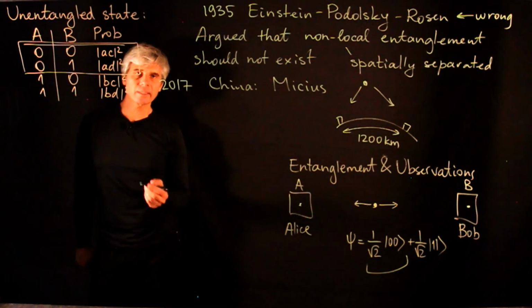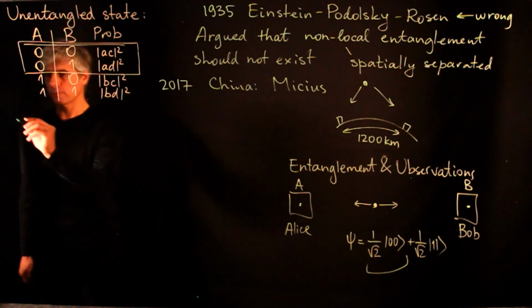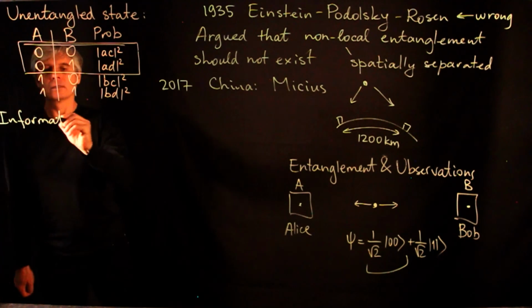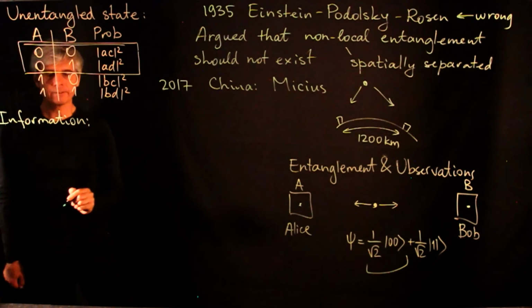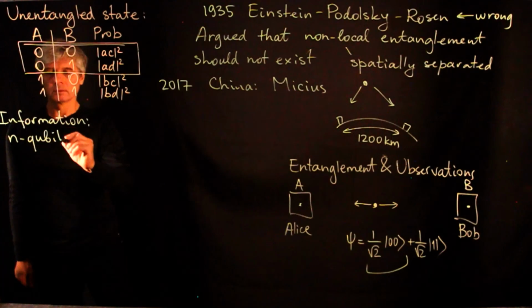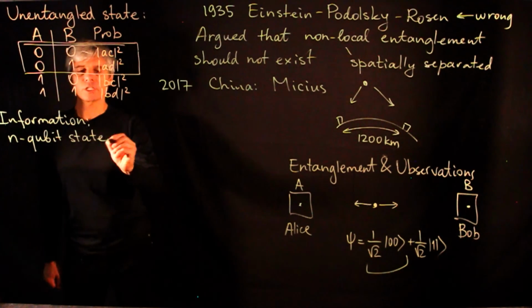Now let us look at entanglement from the point of view of information theory. So suppose we have an n-qubit state, which is unentangled.